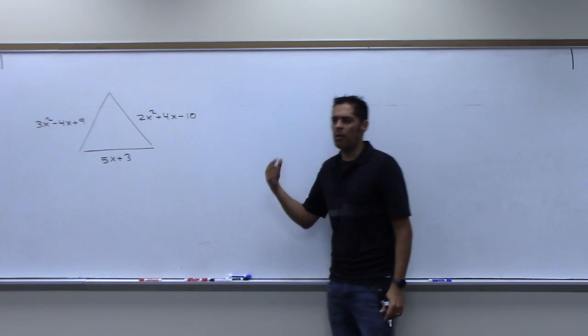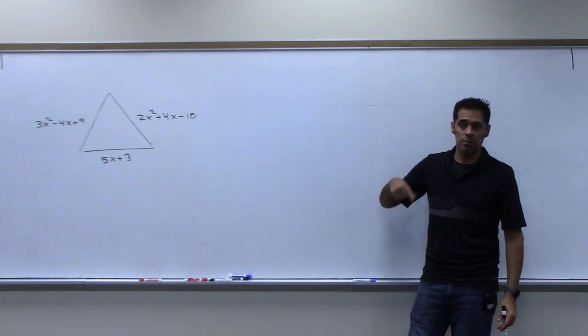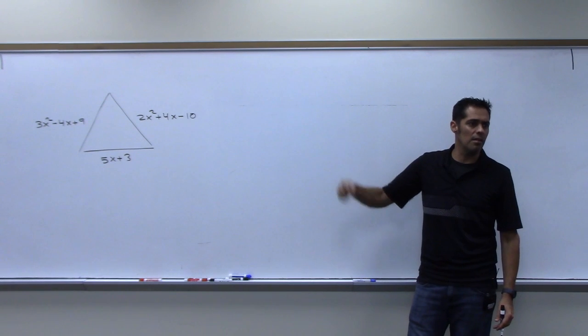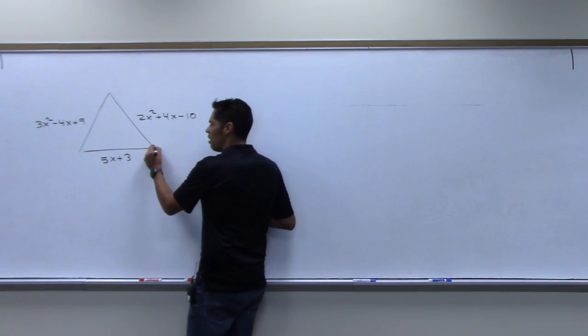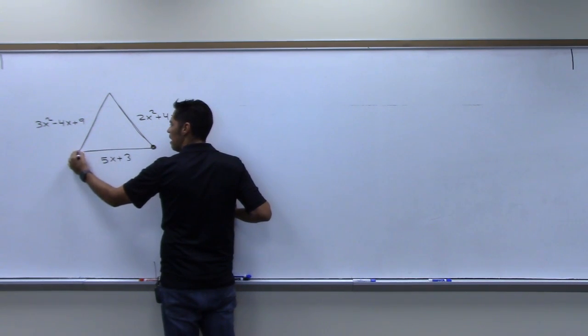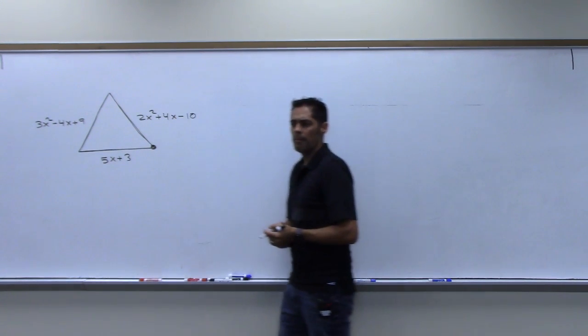So what is the perimeter of an object? It's just the sum of all of the sides, the lengths of all of the sides. So all we need to do here is start at this point, measure this side, then add to that this side, then add to that this side. Those lengths added together gives us the perimeter.